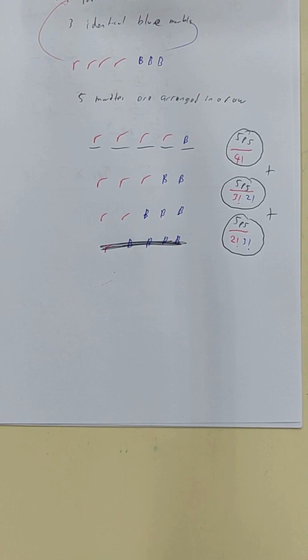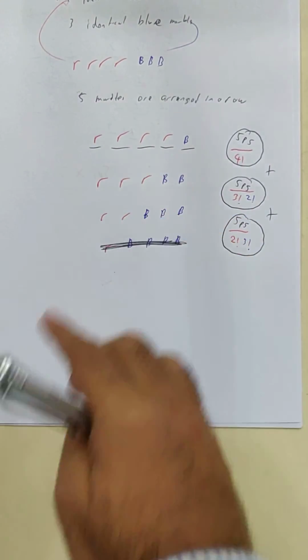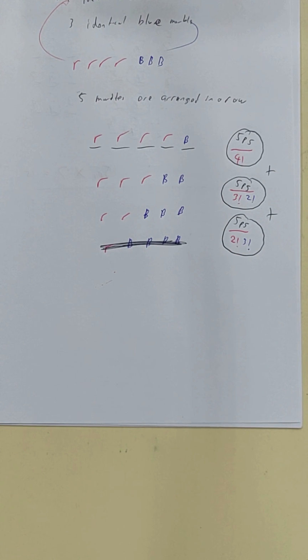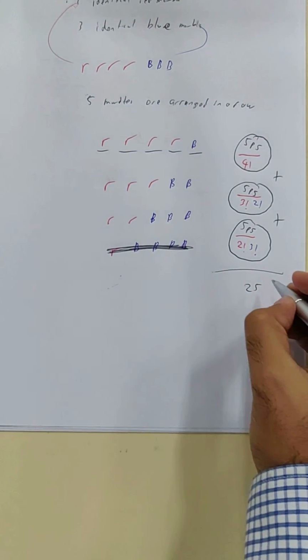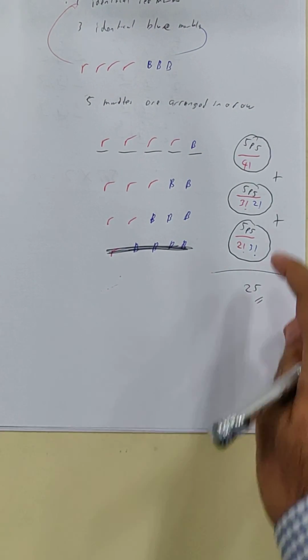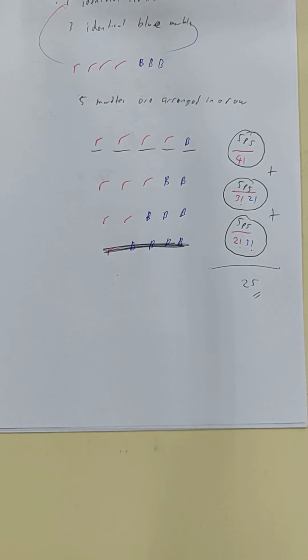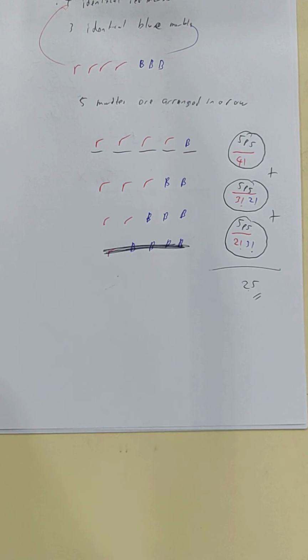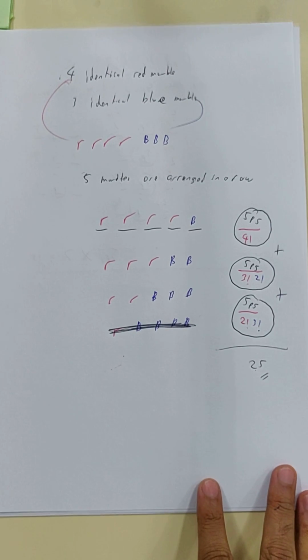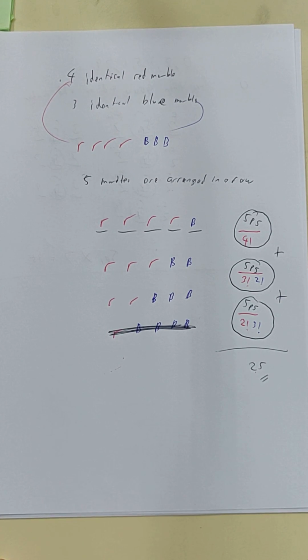Why plus again? 3 different cases. Are you okay? Am I too fast? Yeah, these 2 are the same. Just 3 factorial, 2 factorial, you can switch around. You guys okay?